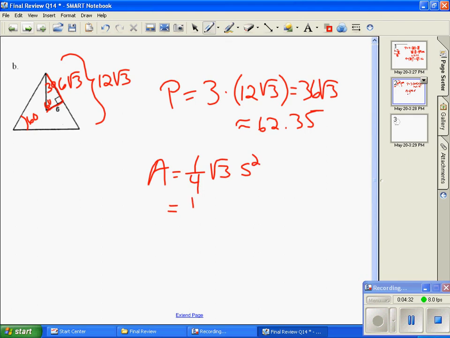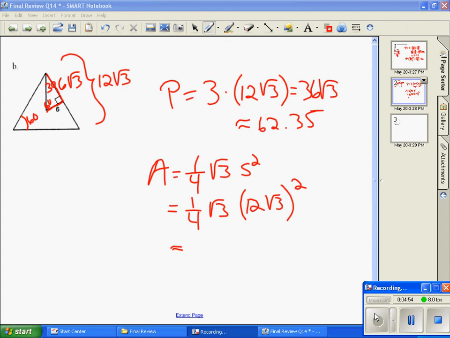So let's plug in our side length. So that's 12 square root of 3, squared. Okay, so let's work this out. Let's plug it in our calculator and just get the answer for this.